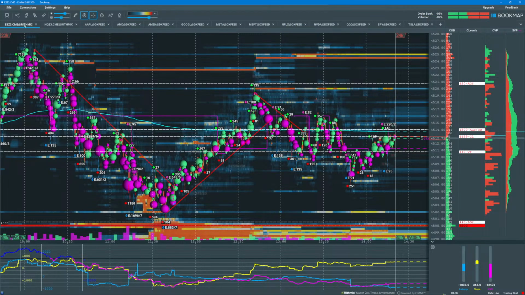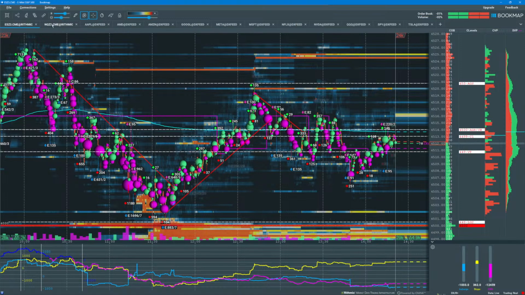As expected, movement around the 4,500 level. Looks like the point of control has moved just slightly lower, right around the SPY 449 volatility trigger. Let's see what options traders are doing in the S&P 500.